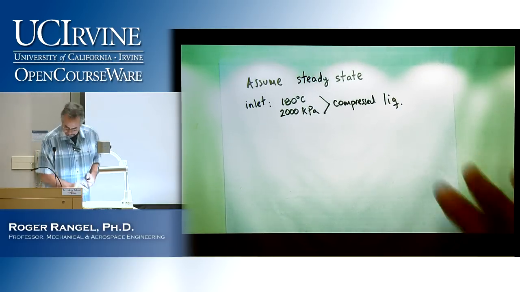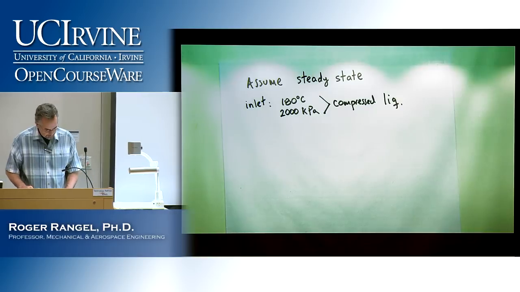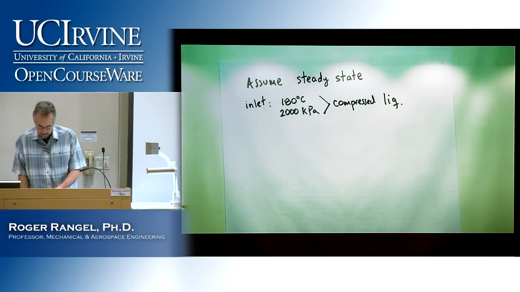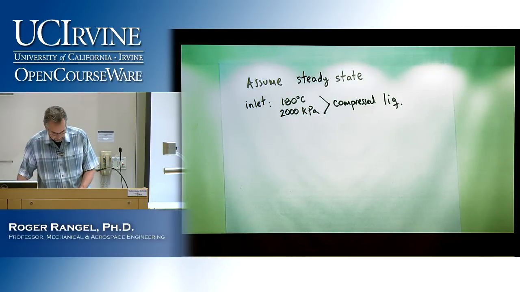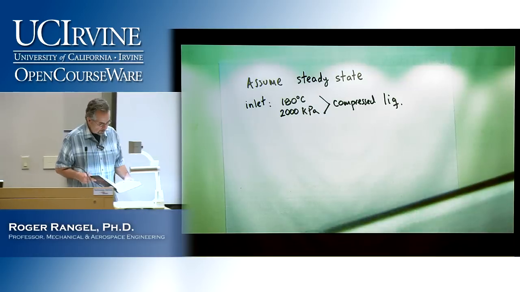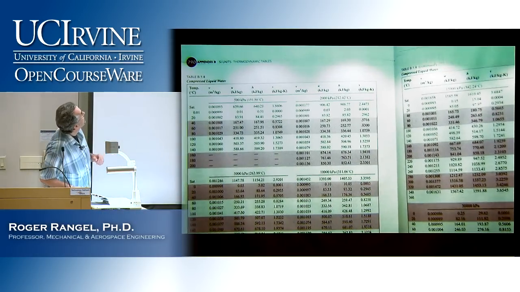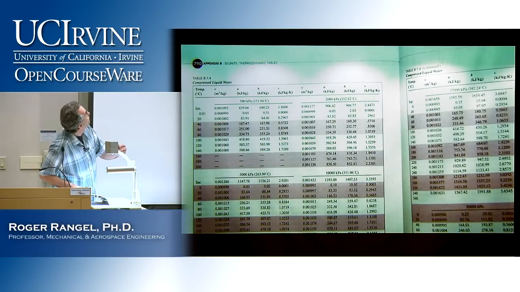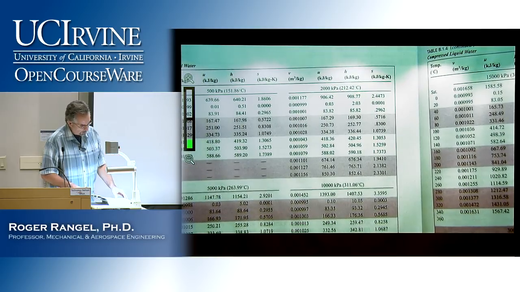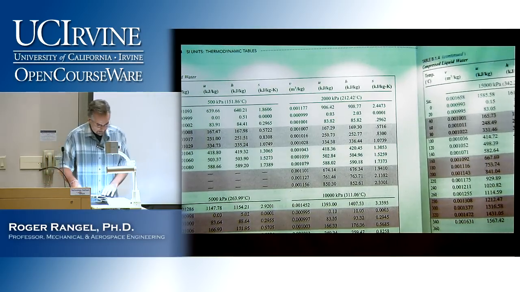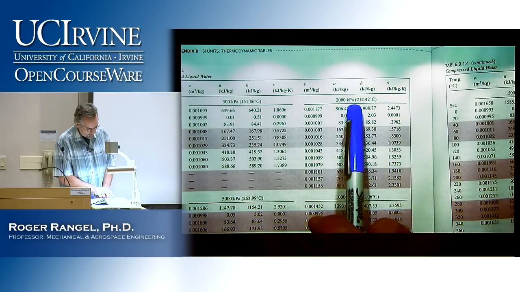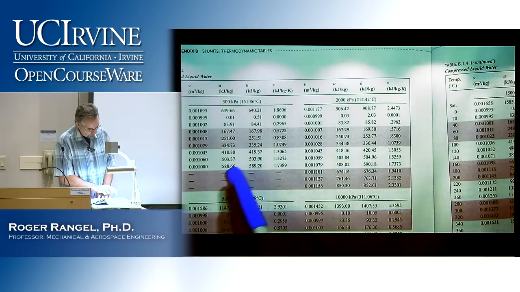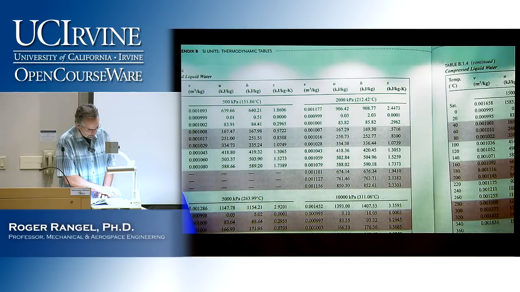And if this is compressed liquid, then of course the next thing would be to go to the compressed liquid table to get the data that we need. So if I go here, remember the pressure is 2,000 kilopascals. So I would go to this table on page 790, and then I would look at this subtable, which is for 2,000 kilopascals, and look under my temperature, which is 180.